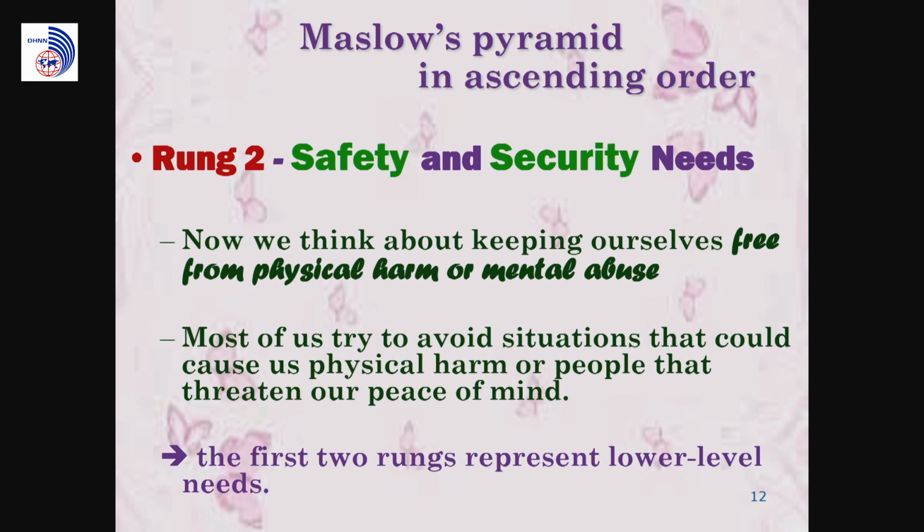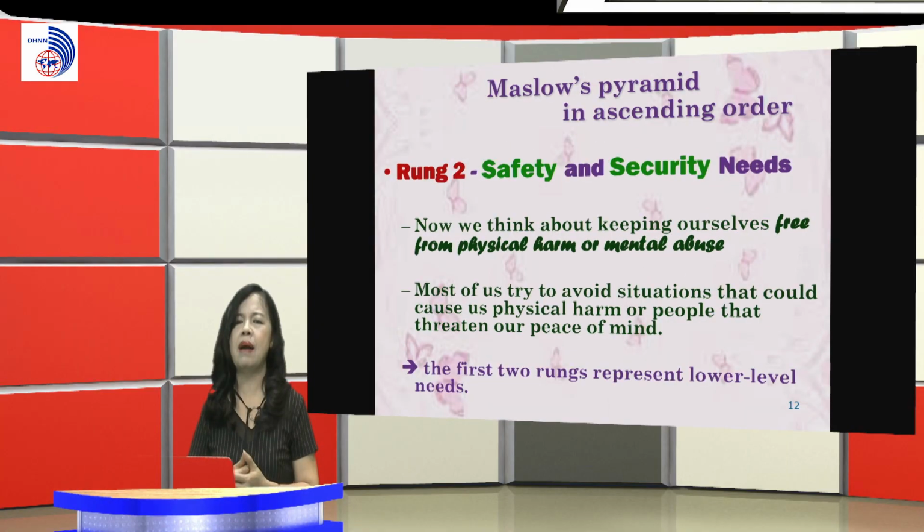We say we would like to eat, but when we have enough to eat, we think about what to eat to keep ourselves healthy, what to drink to keep ourselves free from physical and mental harm. We think about sleeping not just anywhere, but in a comfortable bed that can give us very good sleep. You can think about having education. You can think about having entertainment. And all of these would be higher compared to the lowest level of needs.